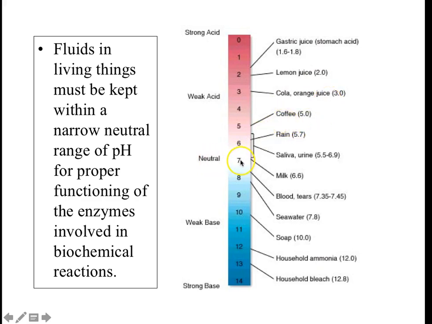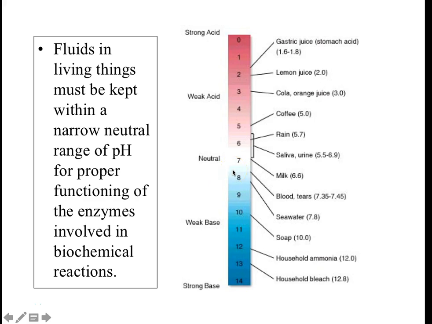We want 7. And then if you get into the base or alkaline, then that's going to be like seawater, soap, household ammonia, and household bleach. So as you can tell, you've got pH of 7, 8, 9, 10, 11, 12, 13, 14.